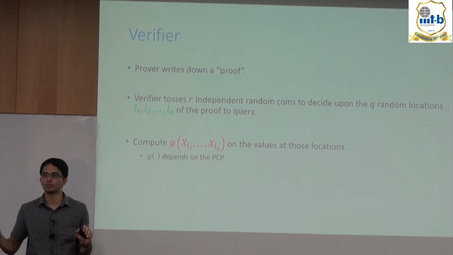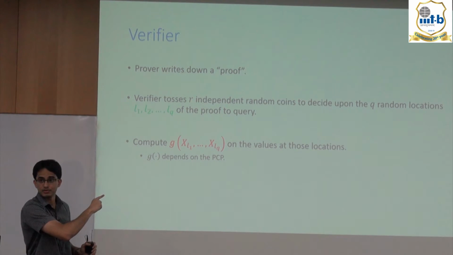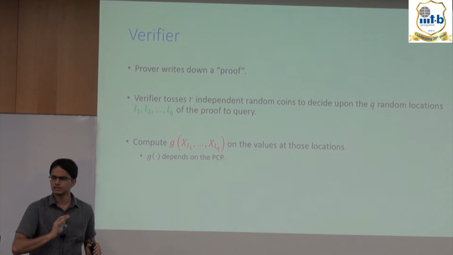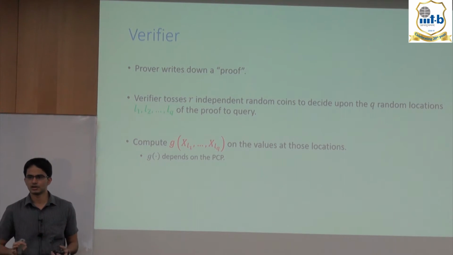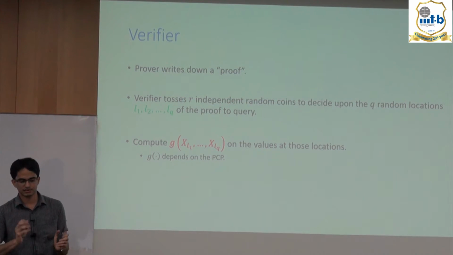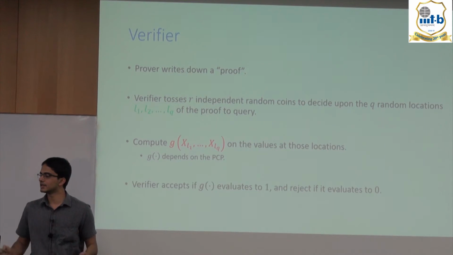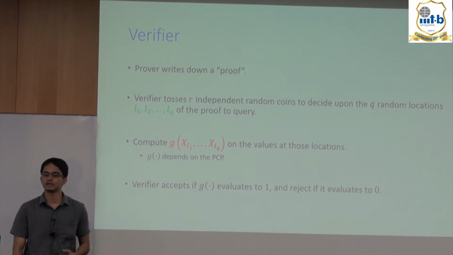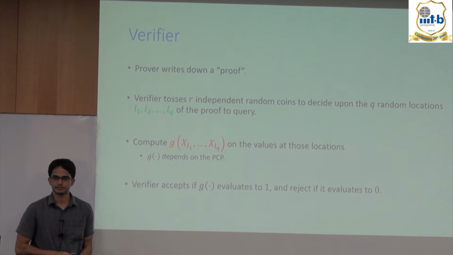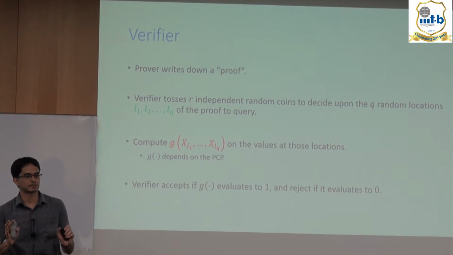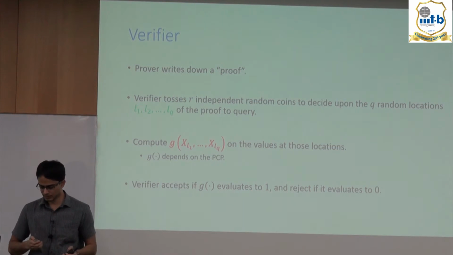So instead of reading the whole proof, you read these few locations and compute some function g. What g is will depend on the problem, the protocol, and various other parameters, but let's say it computes some abstract function g. If g evaluates to 1, then the verifier accepts. If it evaluates to 0, then the verifier rejects. This is the setup that we are going to play with.